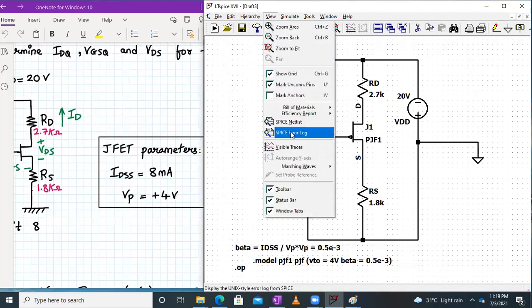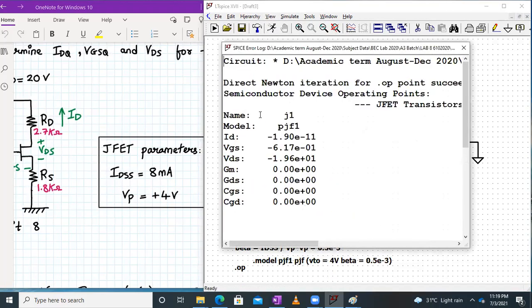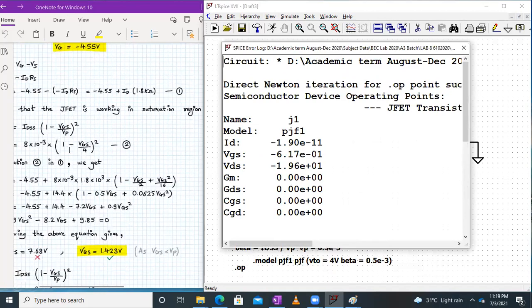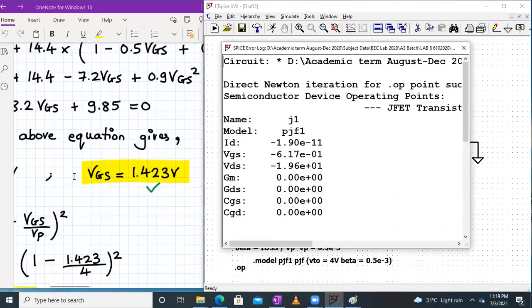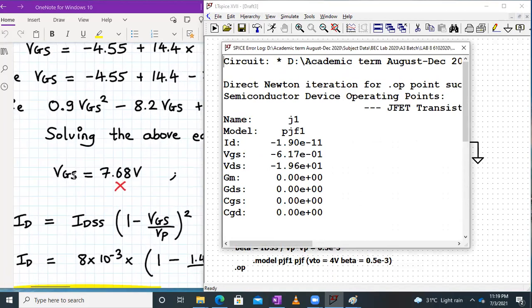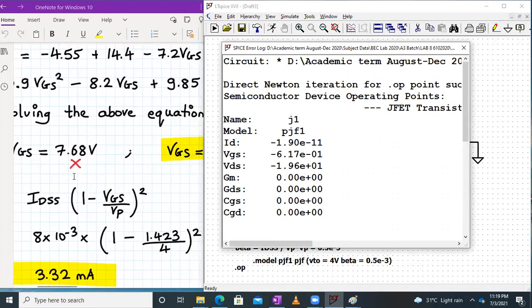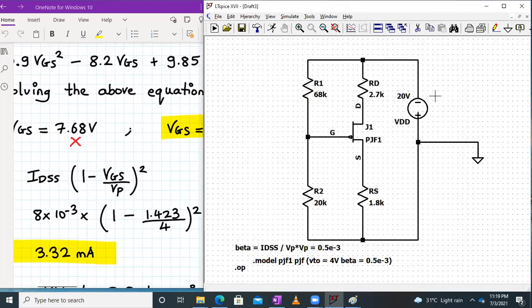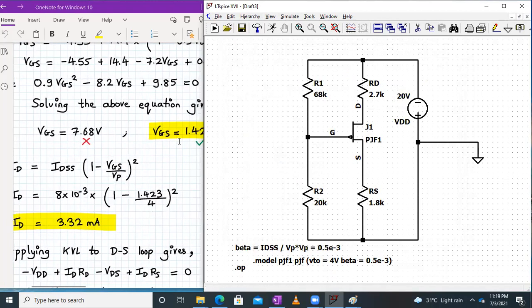Let's go to view and check the SPICE error log. Okay, this is for P channel JFET. Okay, so we got the value of VGS as, okay, this VGS is, okay, let me check out what error we have made.